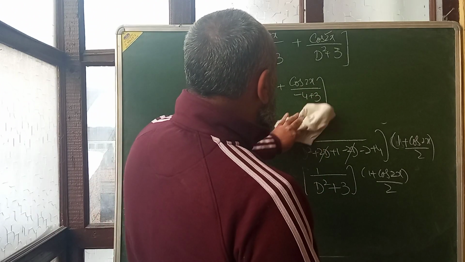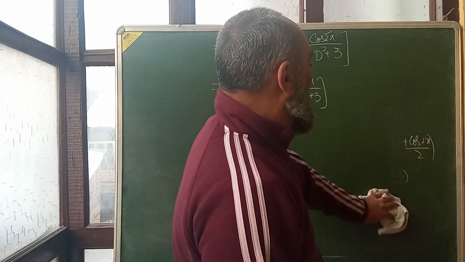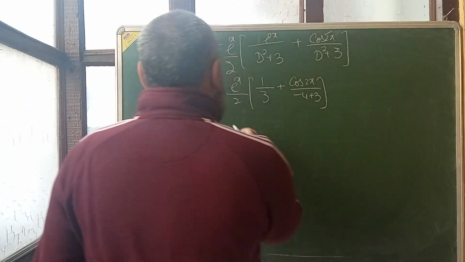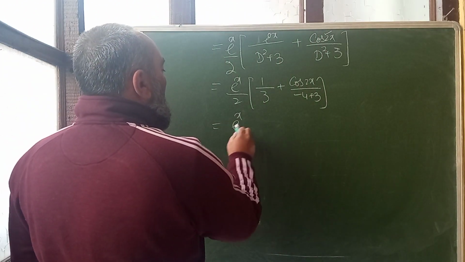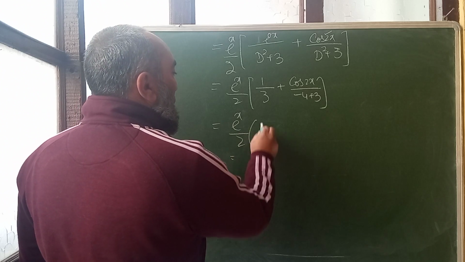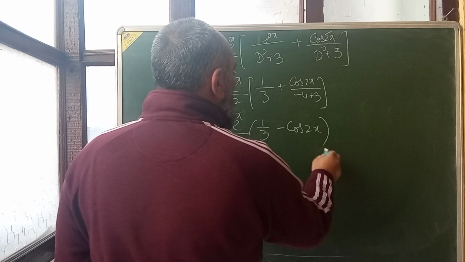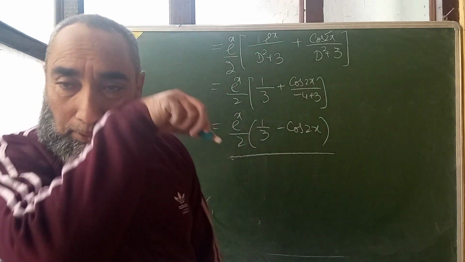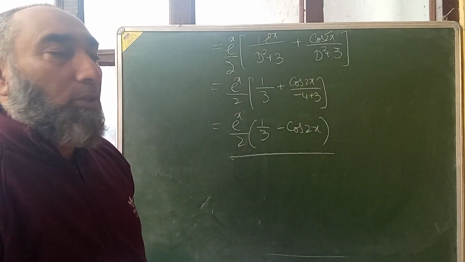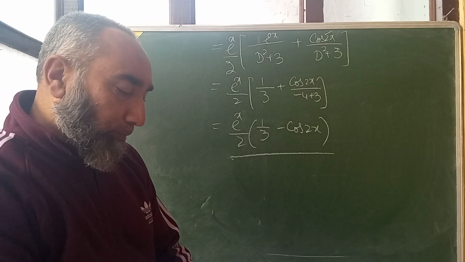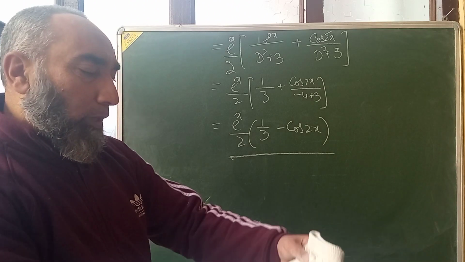So the solution is e raised to the power x by 2 times (1 by 3 minus cos 2x). Fine, this is the particular integral. So the general solution is complementary function plus particular integral.